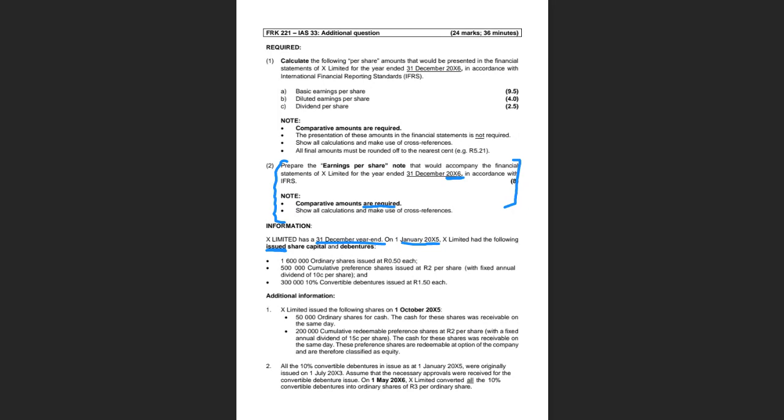So the total consideration that came in for the debentures was 450,000. Obviously, if that's 450,000, the interest on that amount would be 10% of 450,000, which is 45,000.